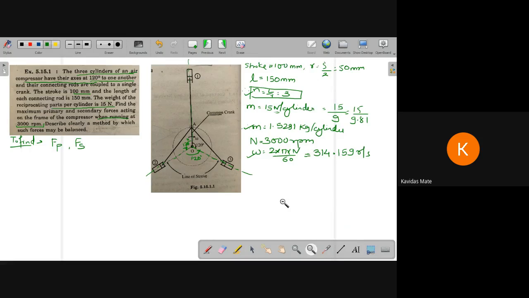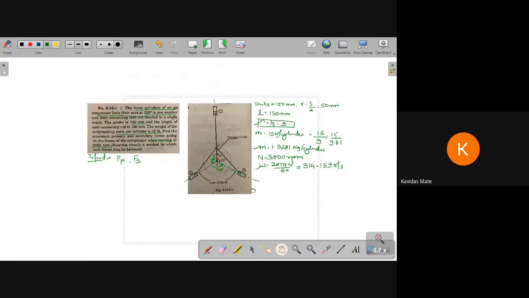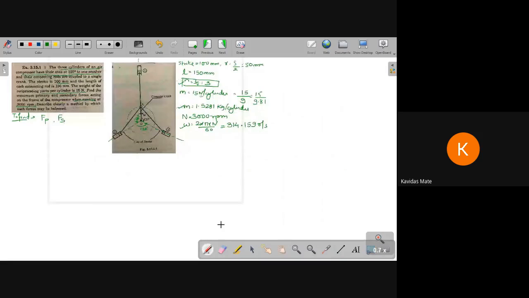Next, we need to look at this data and solve the numerical problem. First and foremost, we need to find the angles. For that, we need to look at this and prepare this table.